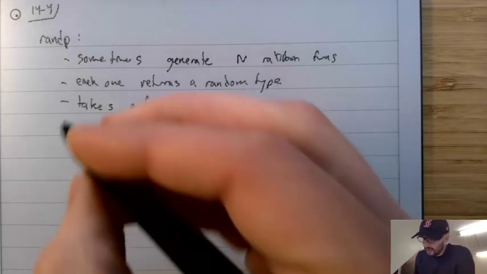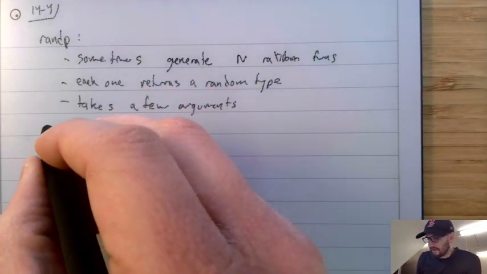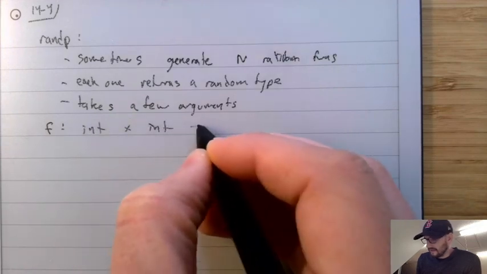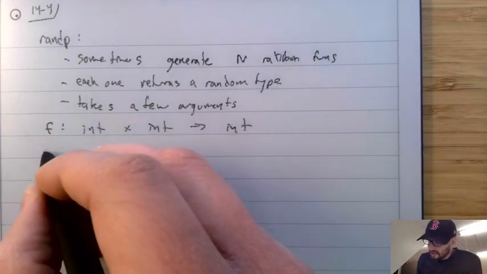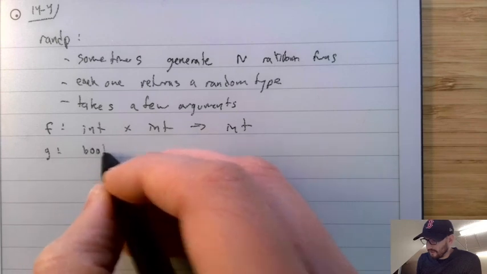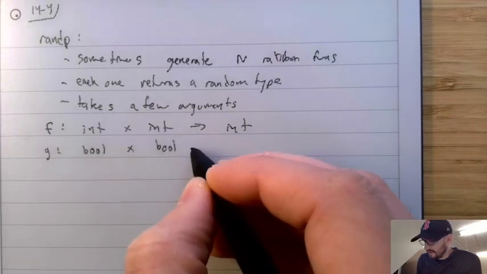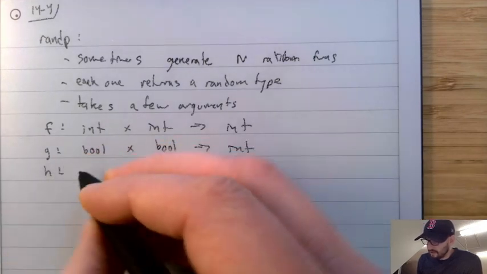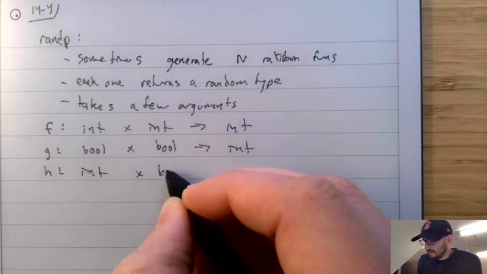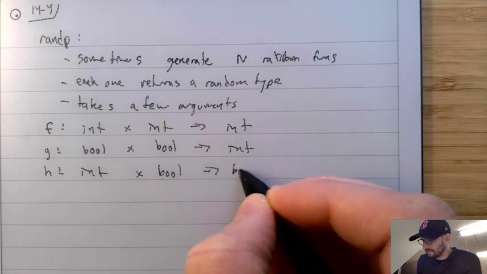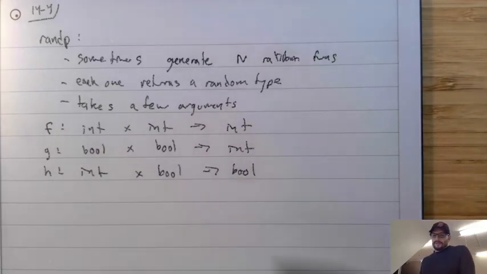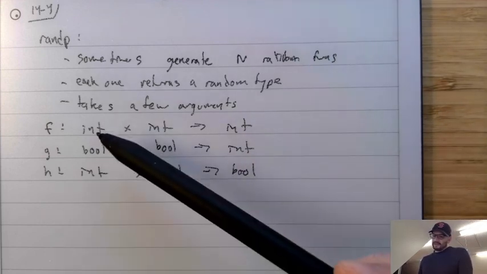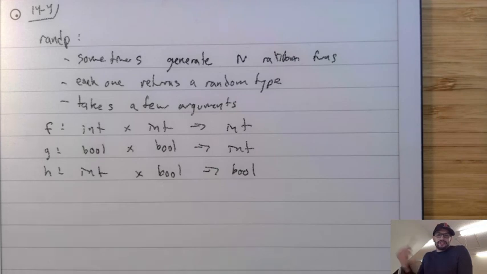And then essentially you're going to generate functions like, okay, we're going to generate f, which goes from int to int, and then g, which will go from bool to an int, and then maybe h, which will go from an int and a bool to a bool. Now, the way that you generate these functions is just by having access to these integers, and you just use your normal algorithm.